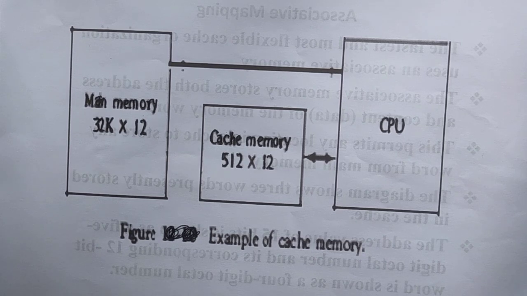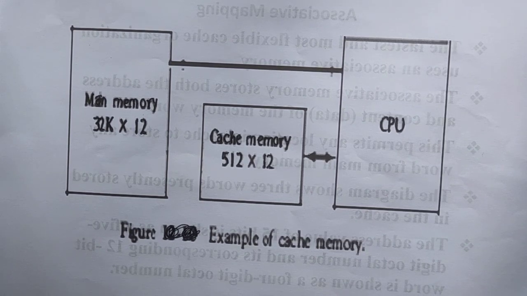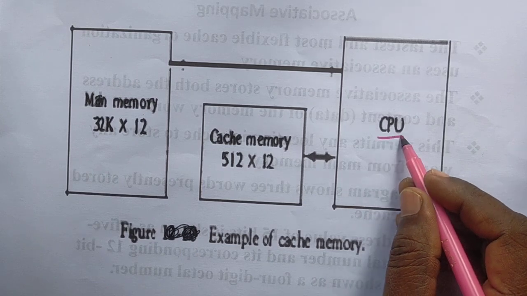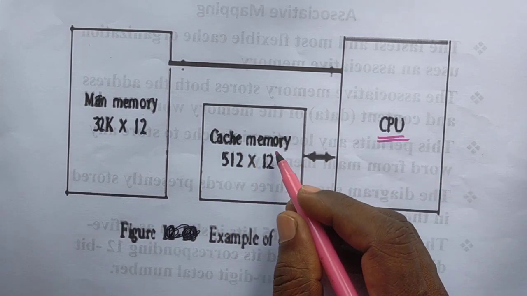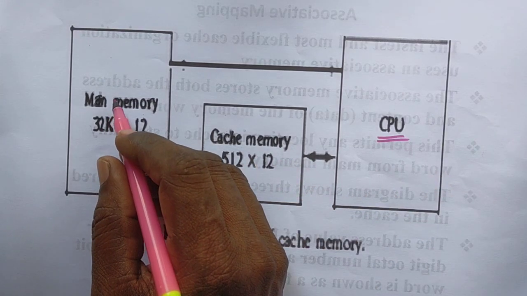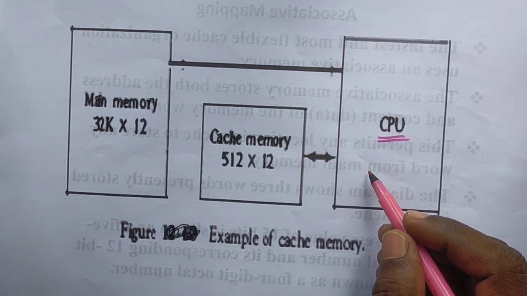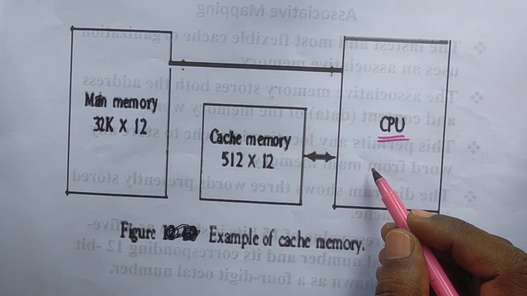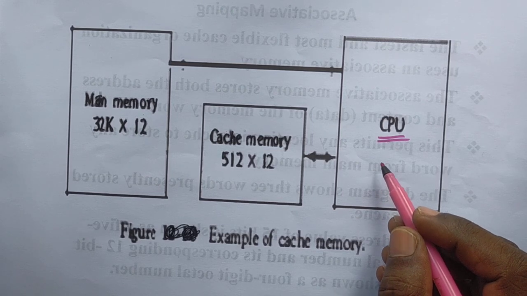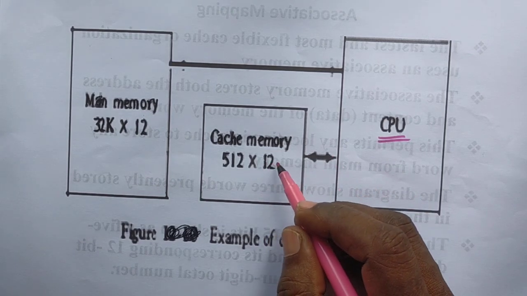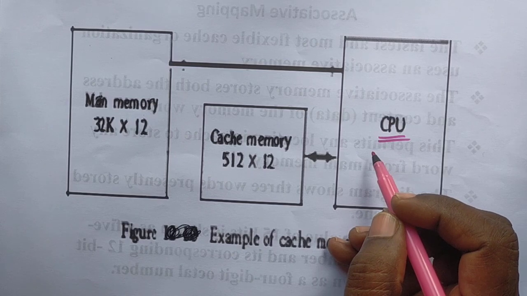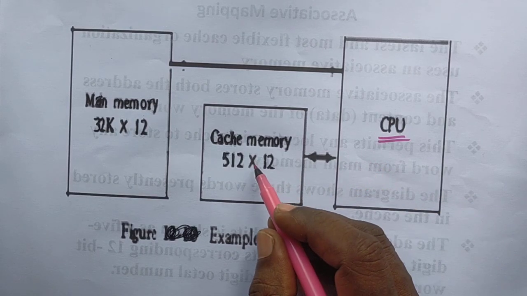Here you see the CPU is here, cache memory is here, then main memory is here. Whenever it needs any data or words from memory, the CPU first uses the cache memory, which is very near. The CPU accesses data from cache memory.